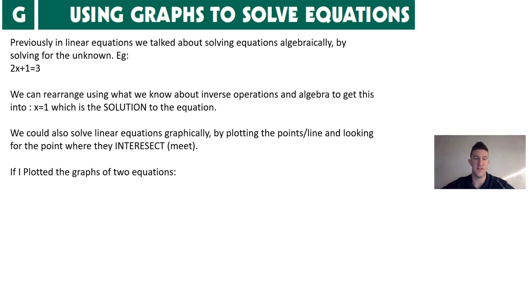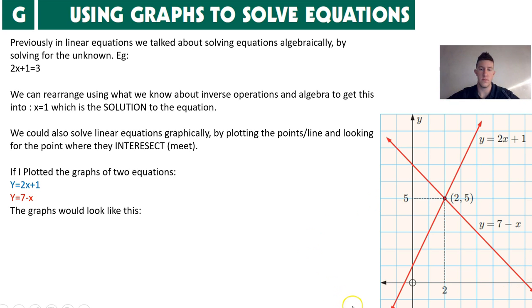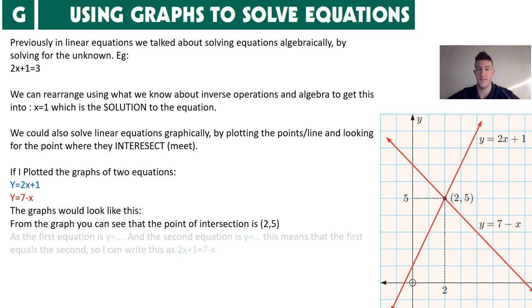If I plotted the graphs of two equations, y equals 2x plus 1 and y equals 7 minus x, the graphs would look like this. From the graph, you can see that the point of intersection is 2, 5.